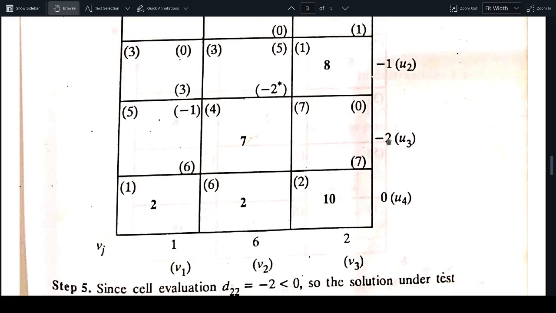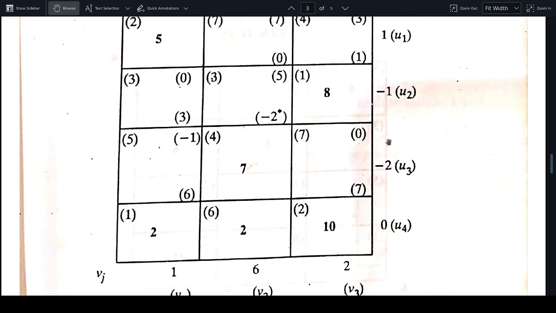Suppose someone may ask the question, in 7 also we can stop, but in 7 we cannot stop. Why? 7 is present in cell number 3,2. So from 7 in cell number 3,2, in the right hand cell and left hand cell there is no allocation. So we cannot stop in 7. So we cross this 7 and move to 2.